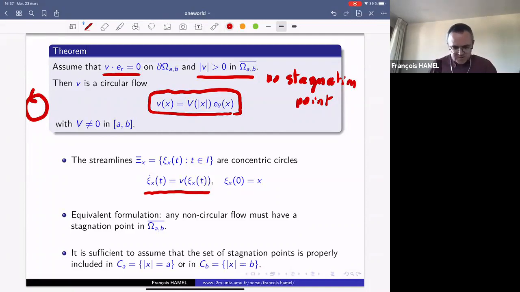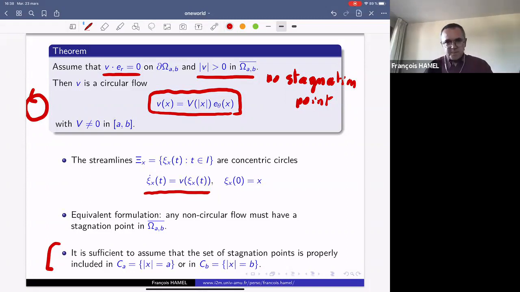Actually, in this theorem we can slightly relax the assumption of having no stagnation point in the closed annulus, in the sense that it is sufficient to assume that the set of stagnation points is properly included in either the inner cycle or the outer cycle. What I mean by properly included is that it is included and not identically equal to.